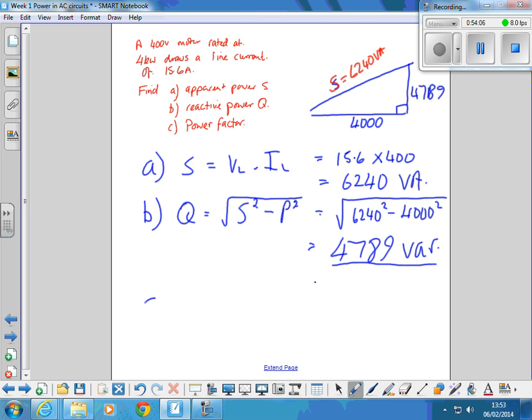C, the power factor. How are we going to calculate that? Yeah, it's P over S, because it's the cosine of the angle. Cosine is adjacent over hypotenuse. That's the 4000 over the 6240, which is 0.641.